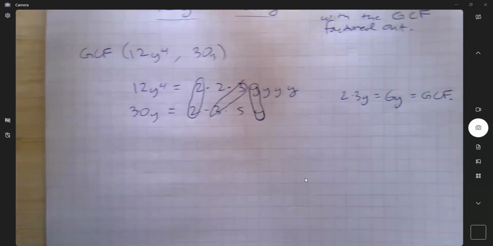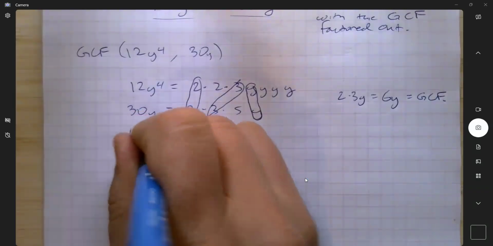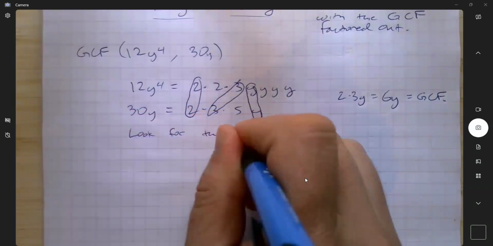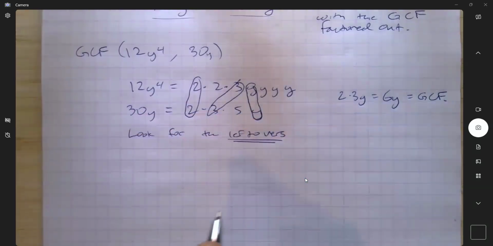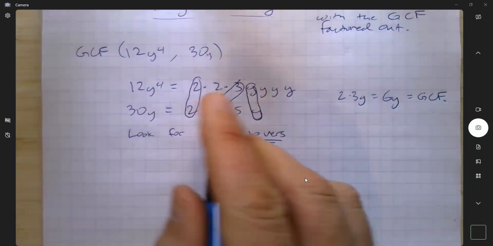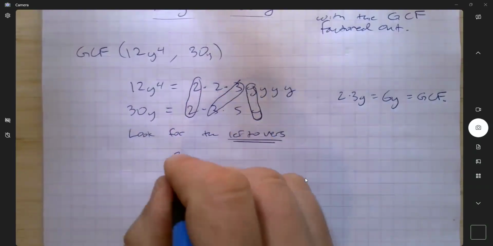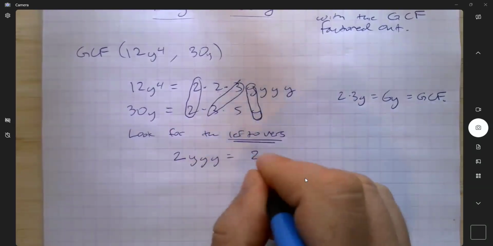But now we go an extra step. You also look for the leftovers. 12y to the 4th had a leftover of a 2 and 3 y's, so 2y cubed.